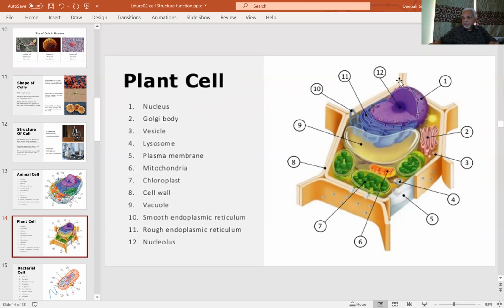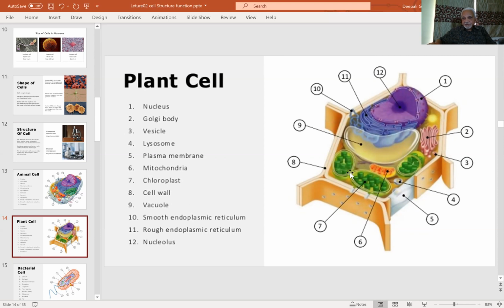The first covering is the cell wall, and then the cell membrane, or plasma membrane, which is common to both animal and plant cells. And you have nucleus, mitochondria, endoplasmic reticulum, similar to animal cell. And it contains this green structure, what we call chloroplast.